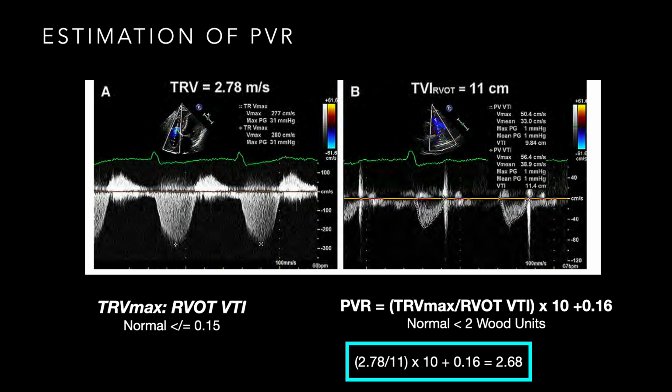And just to follow on from that and emphasize again, an elevated SPAP or elevated RVSP does not always mean elevated pulmonary vascular resistance, because as I said, pressure is equal to flow times resistance.